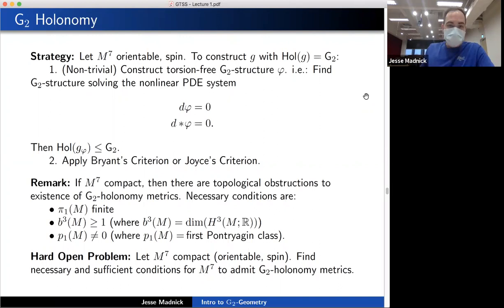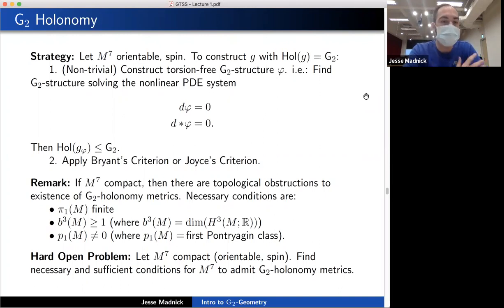Now, there are known topological obstructions to the existence of G2 holonomy metrics. The fundamental group has to be finite, the third Betti number has to be at least 1, and the first Pontryagin class has to be non-zero. But we are currently very far from knowing necessary and sufficient conditions for a compact orientable spin 7-manifold to admit G2 holonomy metrics.